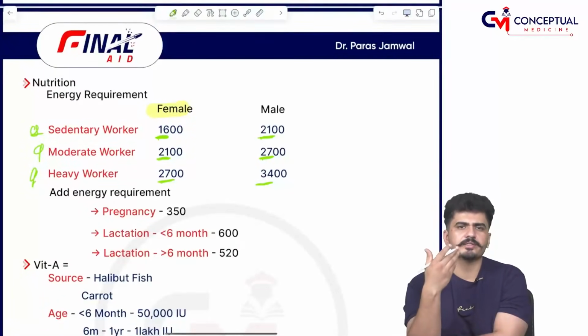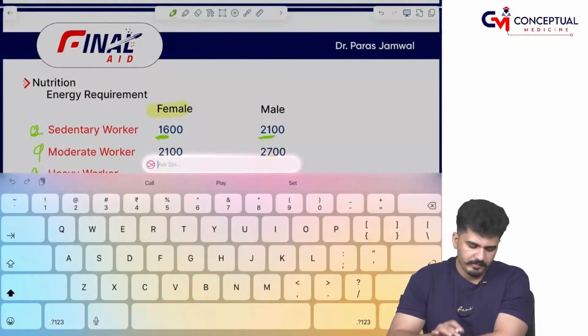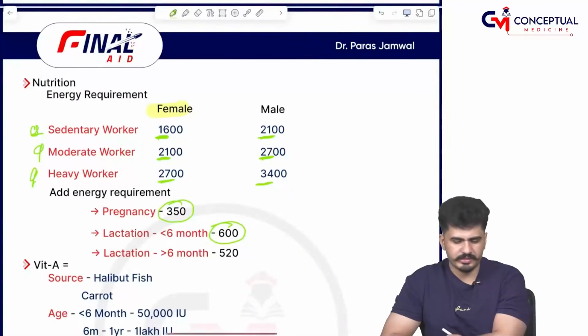How much additional energy is required? In pregnancy it is 350. If a female is lactating, less than 6 months it is 600 and more than 6 months it is 520.